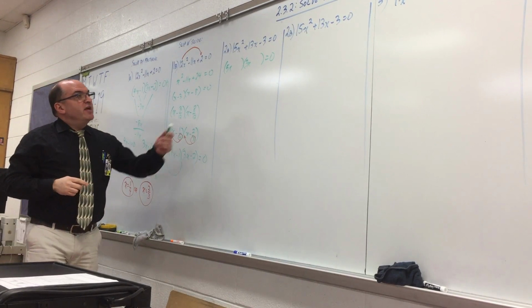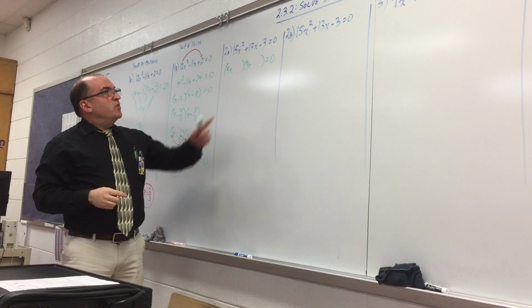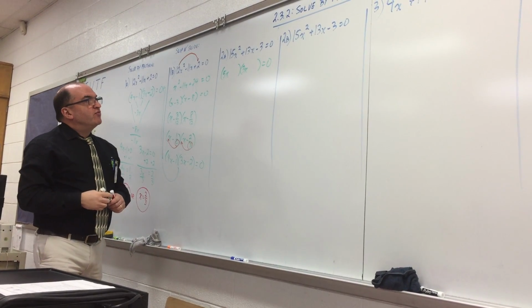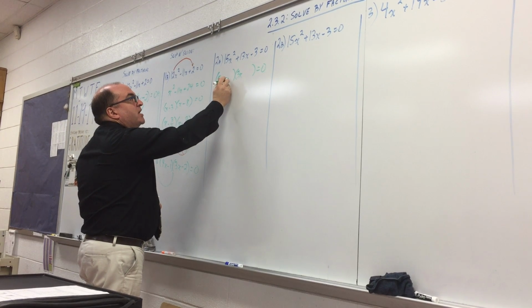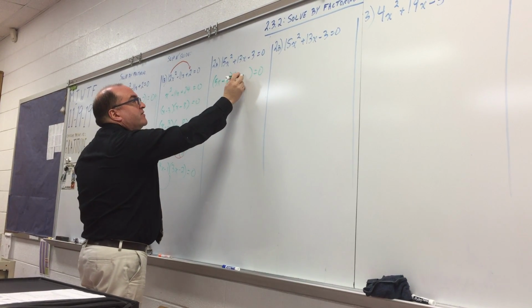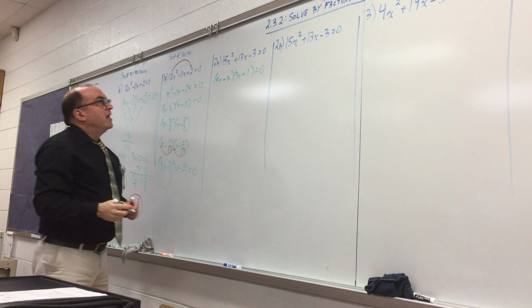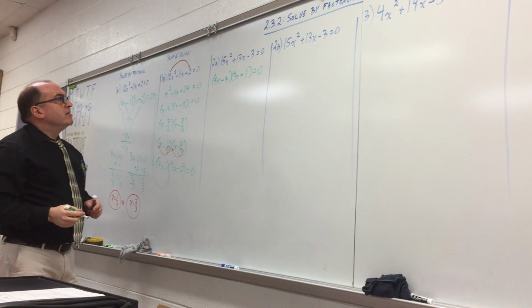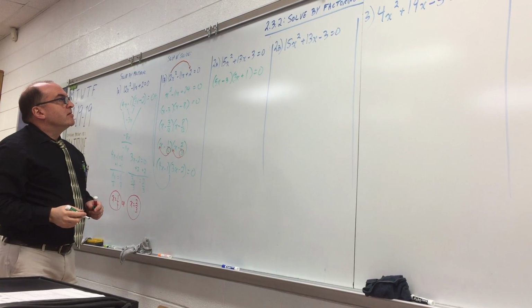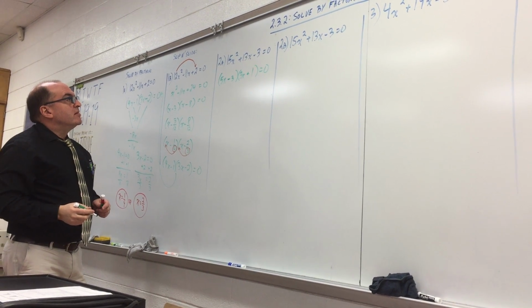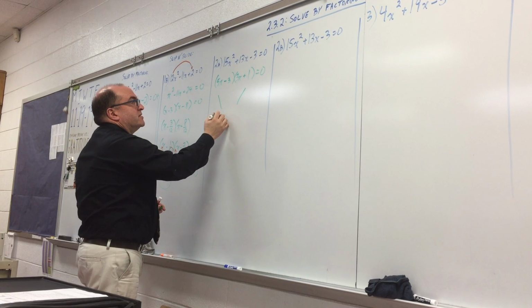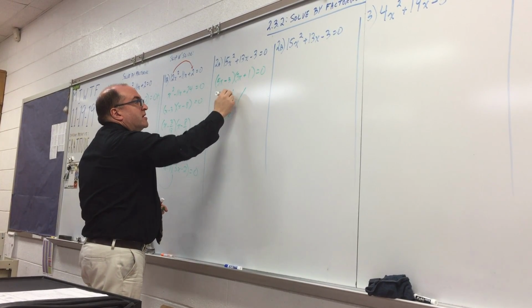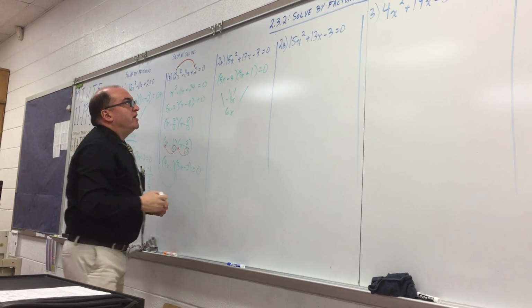Okay. 5x times 3x is 15x squared. What times what makes negative 3? How about negative 3, positive 1, and that makes 6x minus 9x, no good.